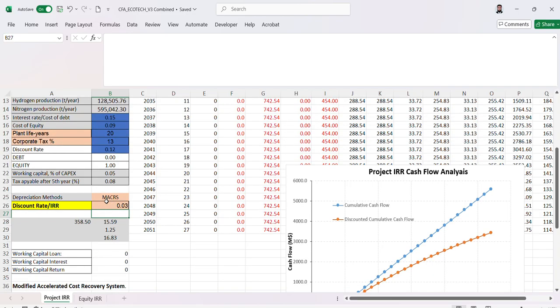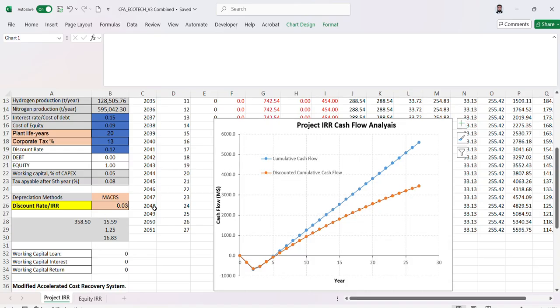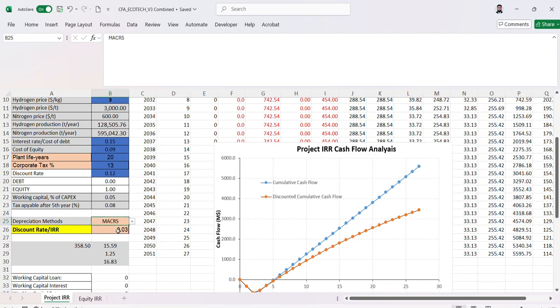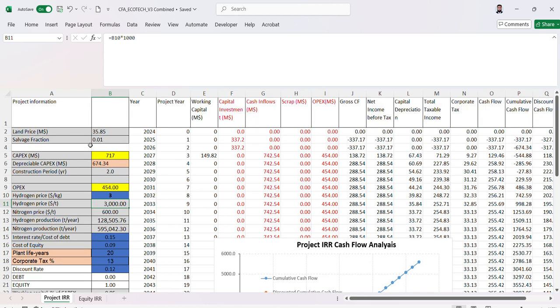So these are a few ways you can analyze your investment, whether the project is going to be profitable: by changing the depreciation method, by changing the discount rate, by changing your price or the cash flow revenue, which is the price of your hydrogen and price of your nitrogen in these cases, and some minor parameters like salvage fraction and so on.